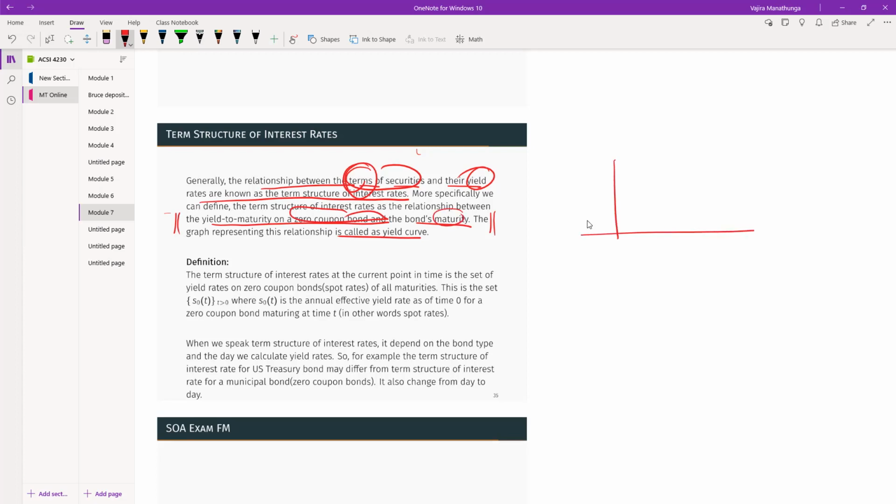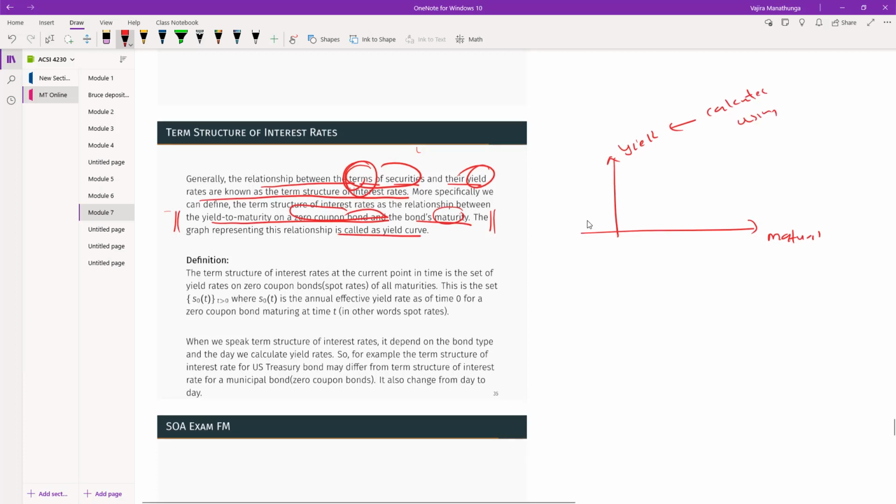So basically, on this side you have maturity, on this side you have yield, calculated using a zero coupon bond. So it's basically a spot curve, okay? You can use a coupon bond if you want.